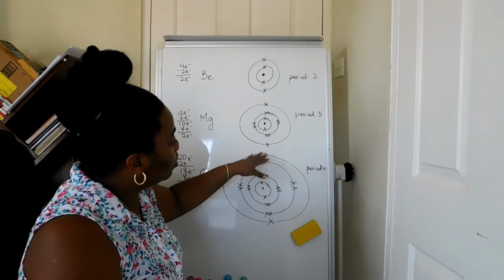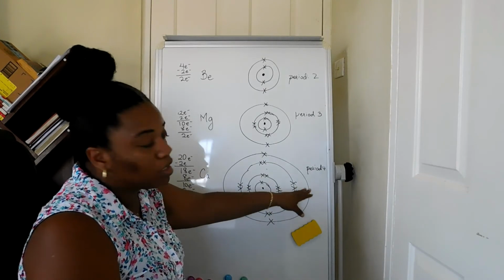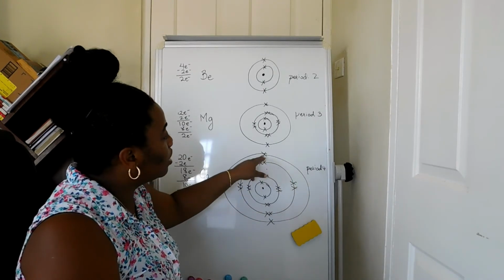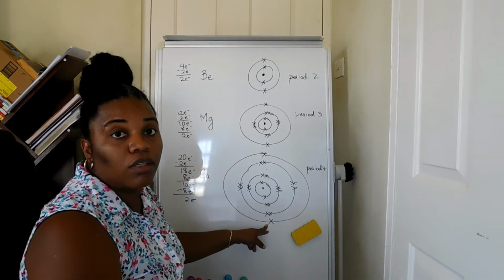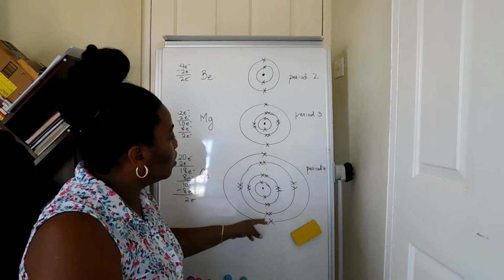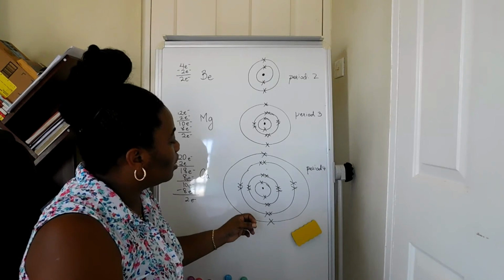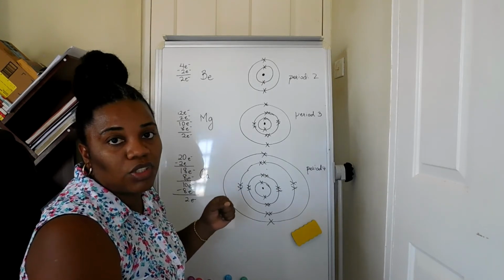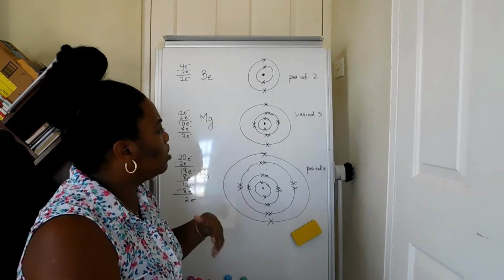So therefore, the lower down you go, the wider the atomic radii, and the more likely these electrons want to leave, right? So they become less needy on the nuclear charge, or they just want to leave.